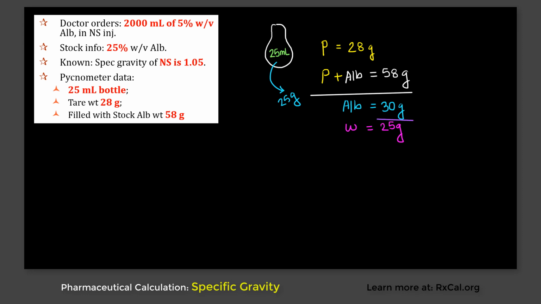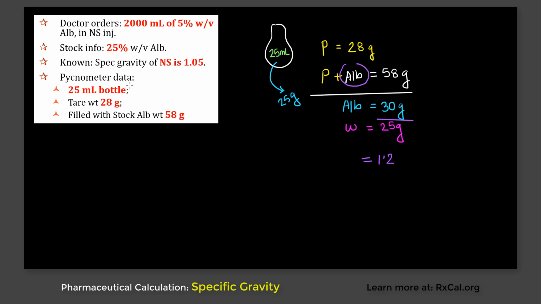So let me draw a line to show that they're being divided. And the answer 1.2 would be the specific gravity of this albumin, which is actually 25% stock. And it doesn't have any unit. This is just a number. This is specific gravity. This is not density. So we're done with the first part.